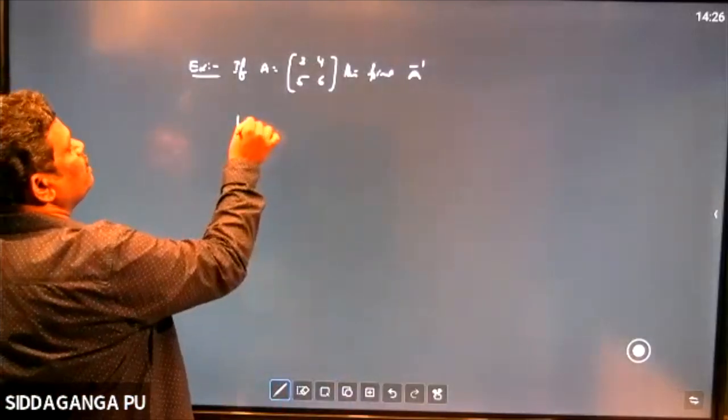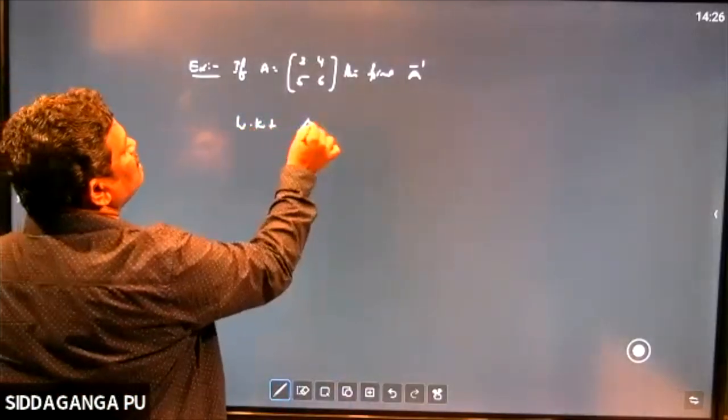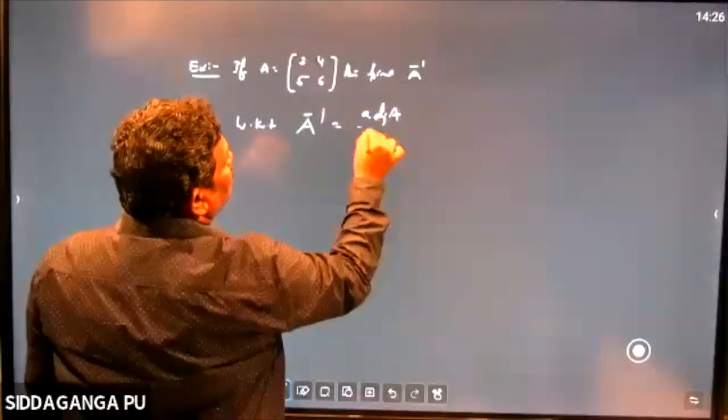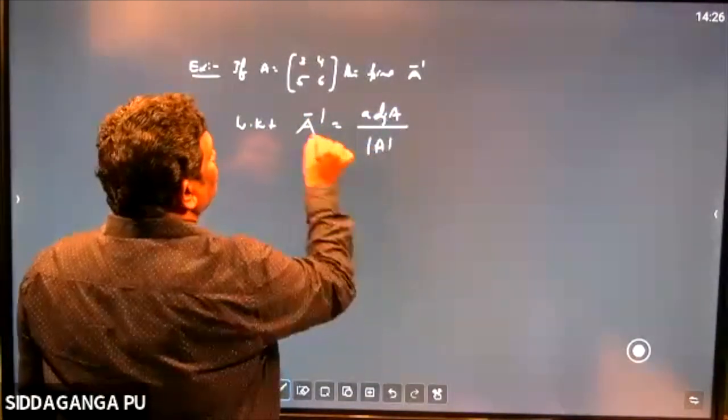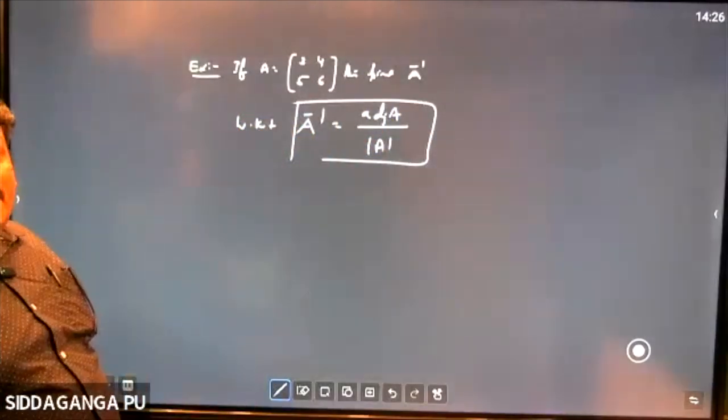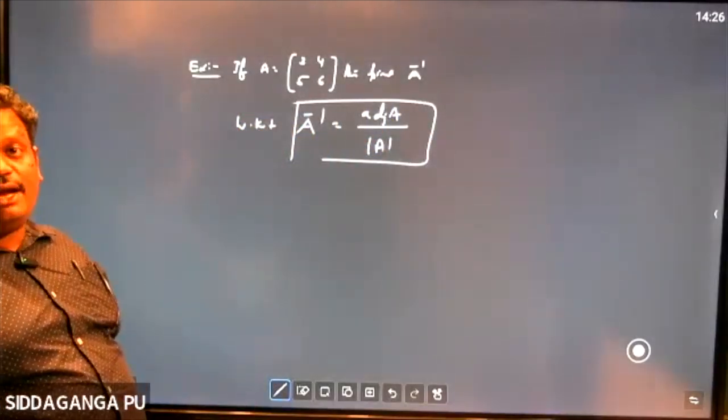We know that A inverse can be written as adjoint A by det A. A inverse is equal to adjoint A by det A.